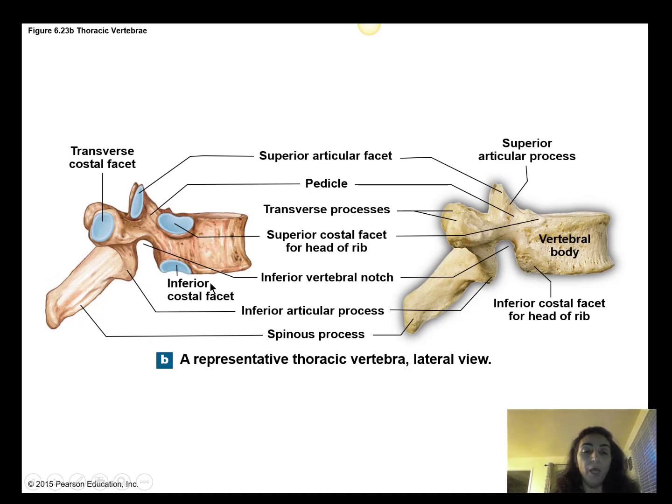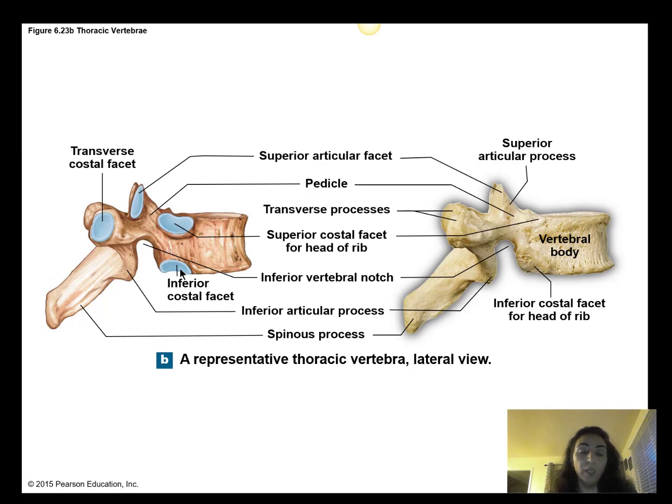So as you see here, besides the superior and inferior articular processes or facets, we have a few more facets that we call costal facets. Costal means related to rib. So these are the places that the thoracic vertebra is going to attach to a rib.